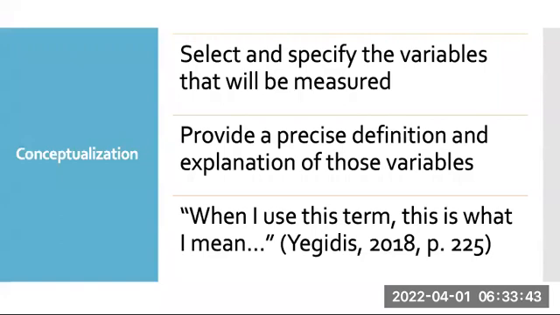What do we mean by this term? For example, what is the definition of discrimination, of addiction, of depression, of domestic violence? We need to provide a definition for these terms.